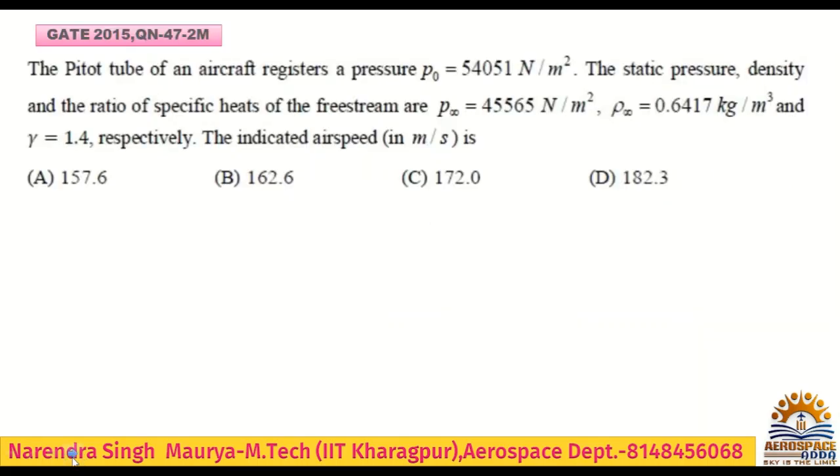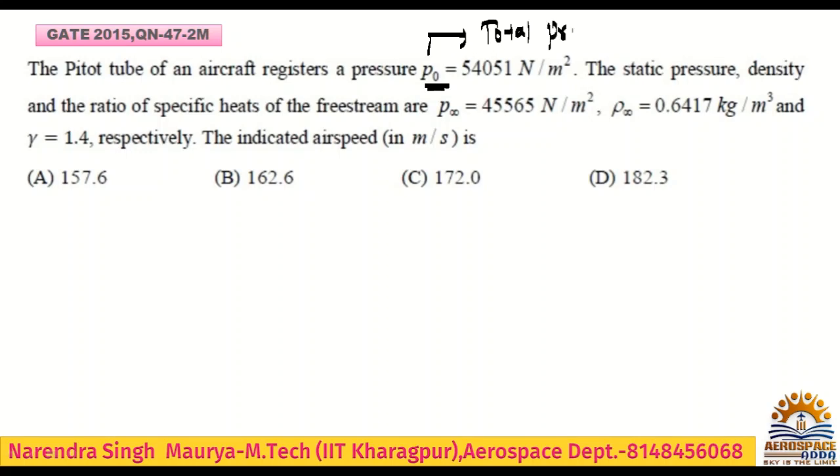The same GATE 2015, question number 47, also asked for 2 marks. This is the problem. The pitot tube of an aircraft registers a pressure P naught. P naught means total pressure, basic notation, naught means total.